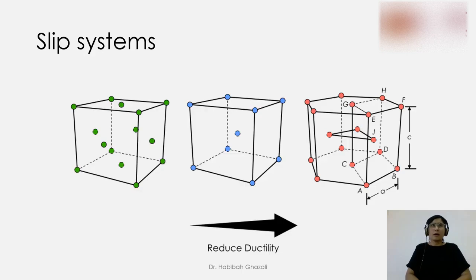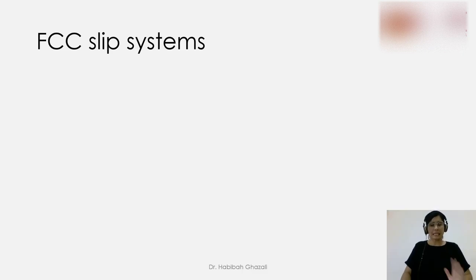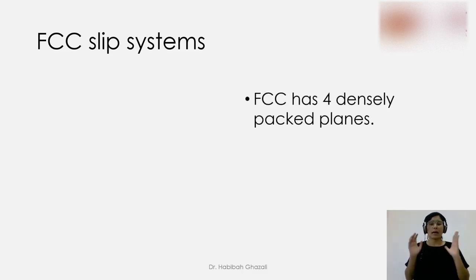They have higher deformability compared to BCC and also HCP. HCP has the lowest number of slip systems, so this metal is more brittle compared to the other two types of crystal structure. For the FCC slip system, in the FCC crystal structure, there are 4 densely packed planes.